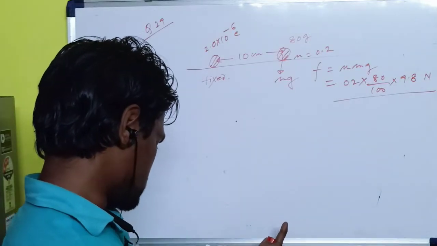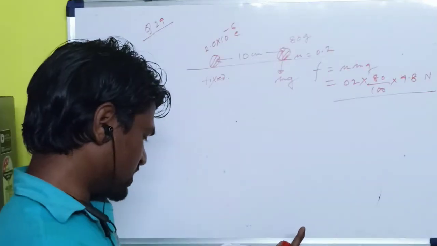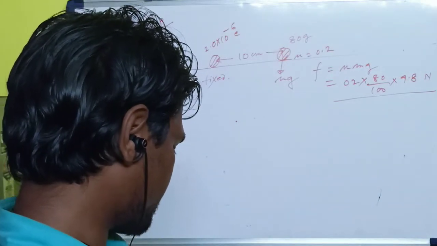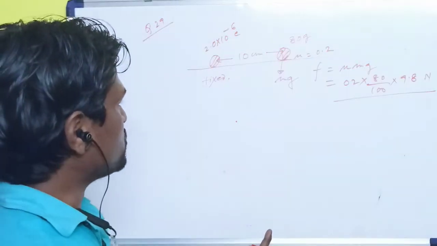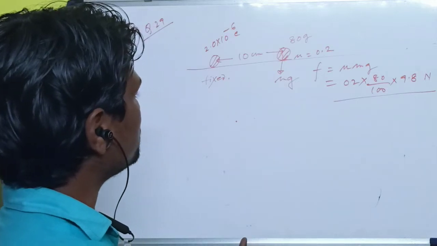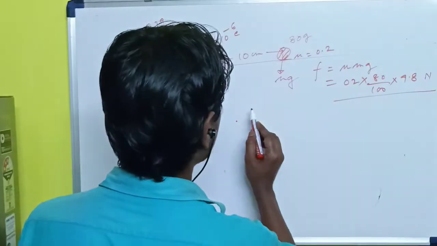Find the range within which the charge of the second particle may lie. This frictional force is equal to the electrostatic force.